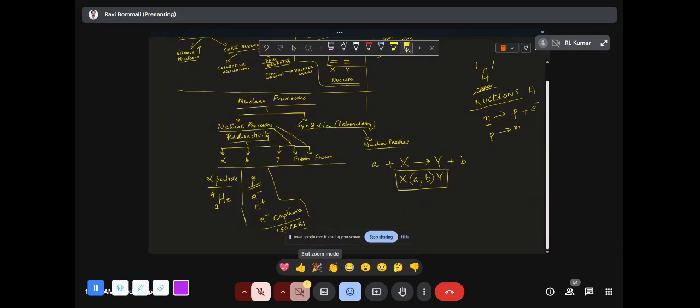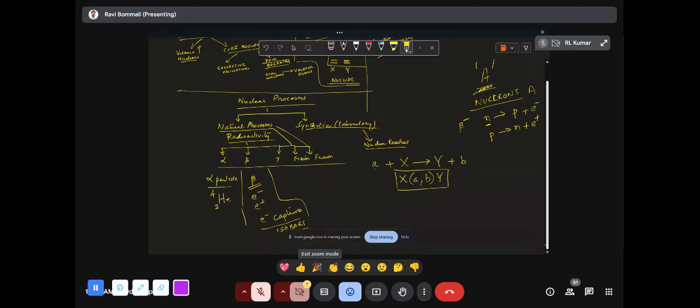Okay, students, you agree with me? So a neutron gets converted into a proton with the emission of an electron. This is called beta minus decay. On the other hand, it can also happen that a proton can get converted into a neutron with the emission of a positron, e plus.